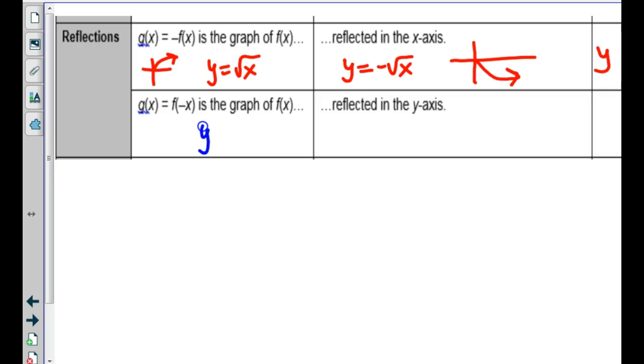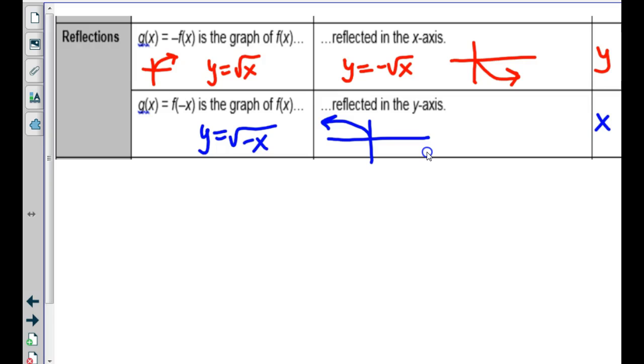If I were to put the negative on the inside, it reflects it over the y-axis, so it's going to go over here. I don't know if you struggle with which axis it flipped over, but students historically struggle with this on the quiz, okay? If you just remember that a negative in front of a parabola does what?